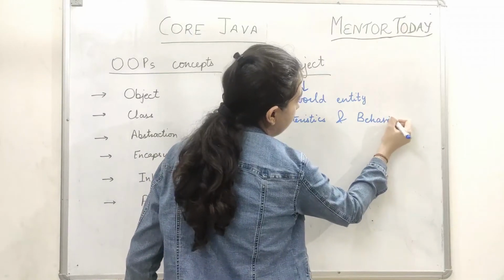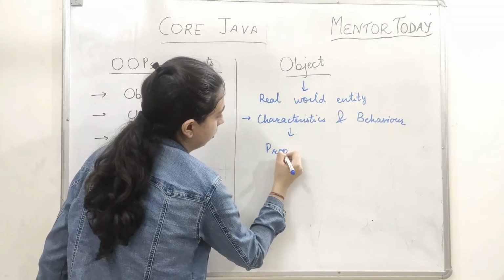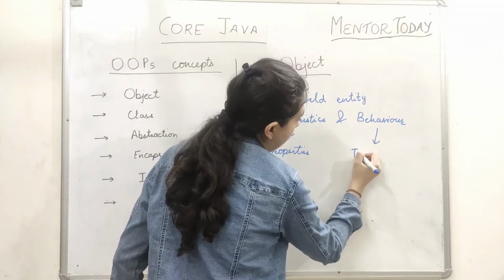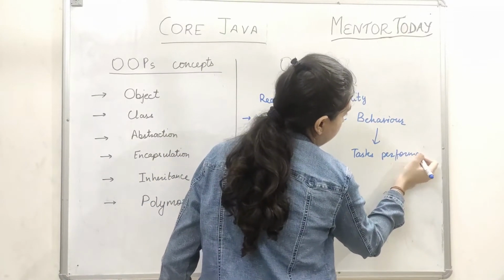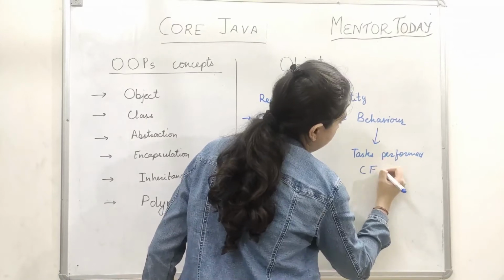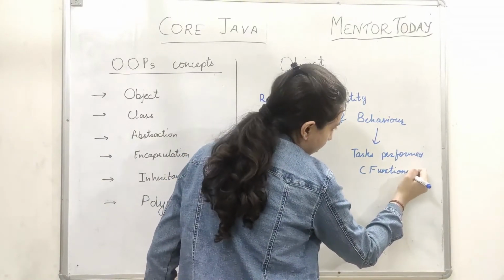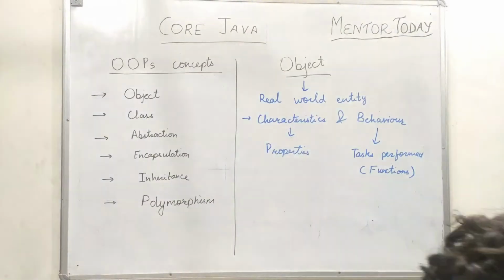That means it has some properties, and behavior means whatever tasks or functions it performs. This word function will be used in a programming language later also. So I'll give you an example to understand it.